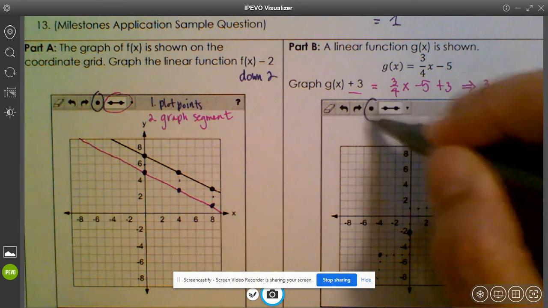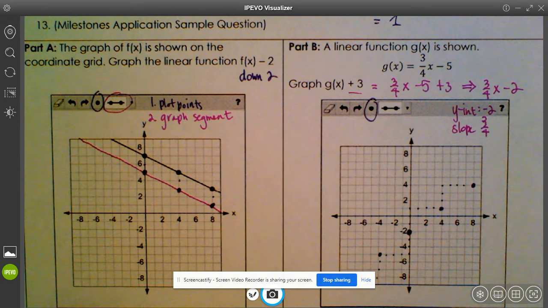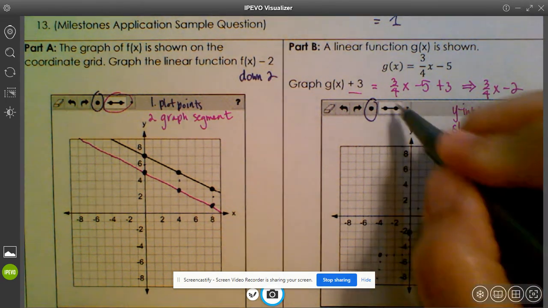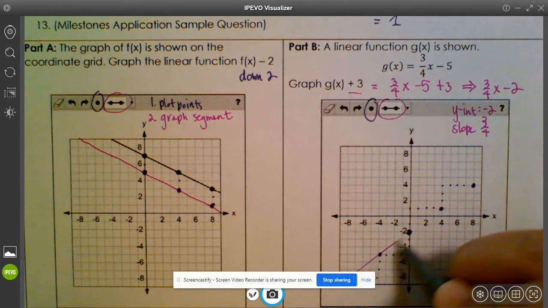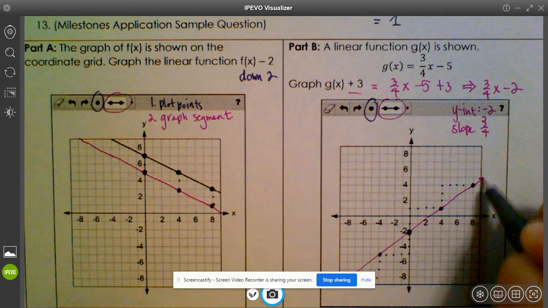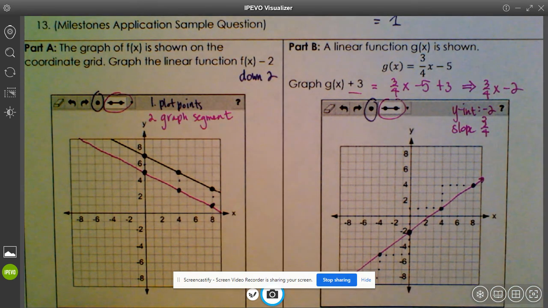And I would plot those points when I select that command. Then I would choose the segment and I would let the computer just create this beautiful line for me. Okay, and so that's what transformations look like.